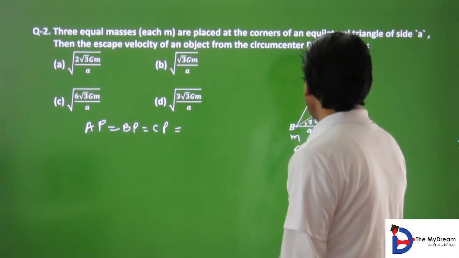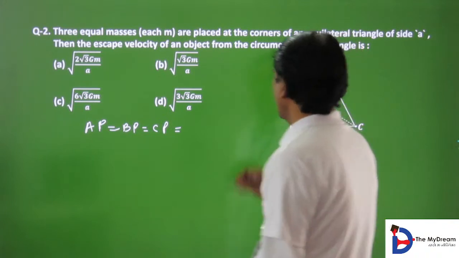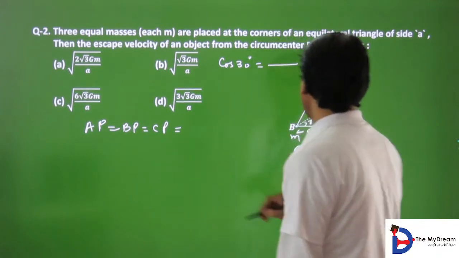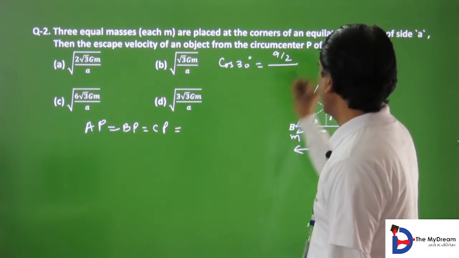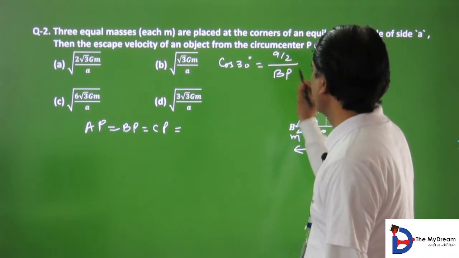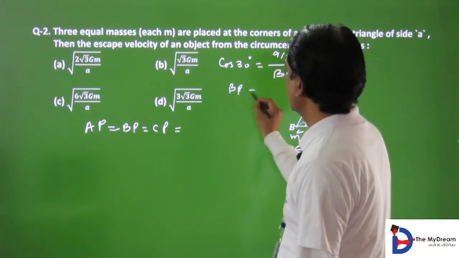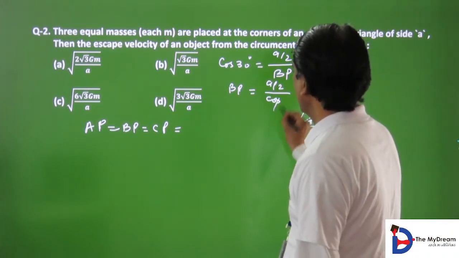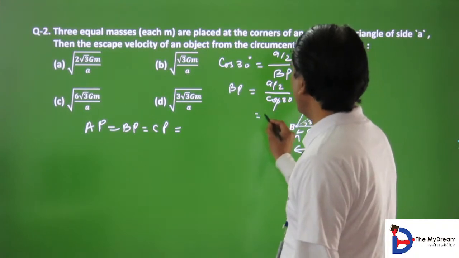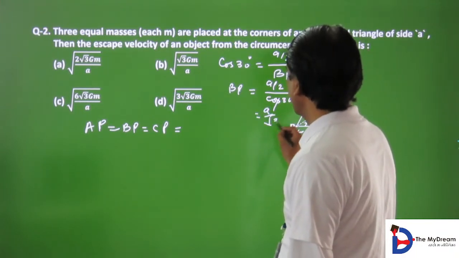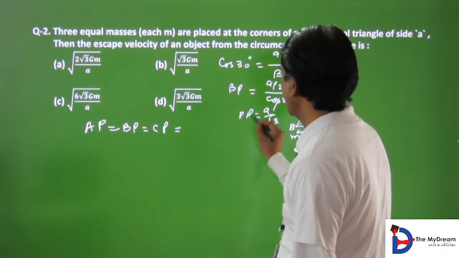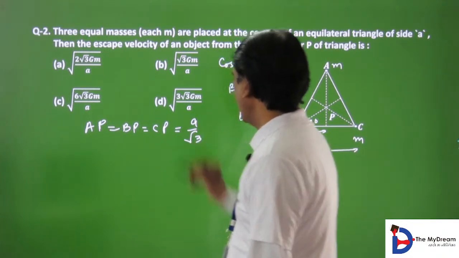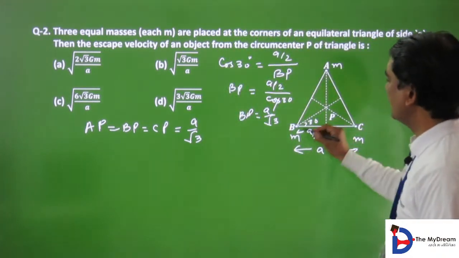This is a by 2, and cos 30 is equal to a by 2 divided by BP. Here the equilateral triangle is given to you. So you will get BP equal to a by root 3. So a by root 3 is the distance between A and P, BP and CP.